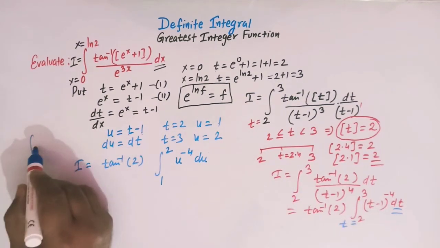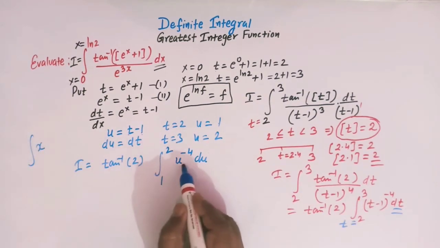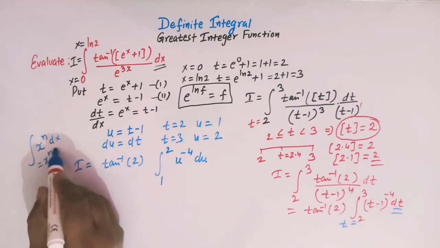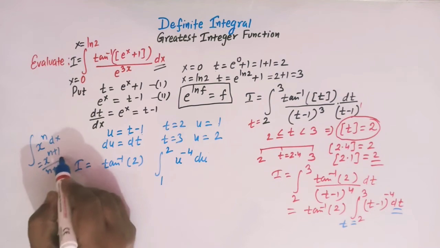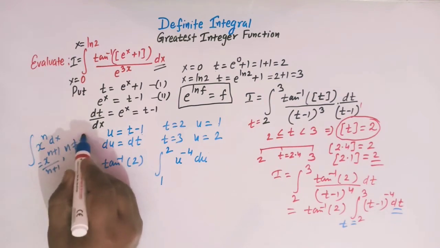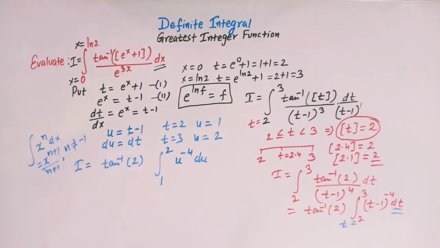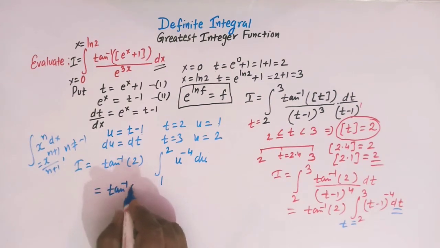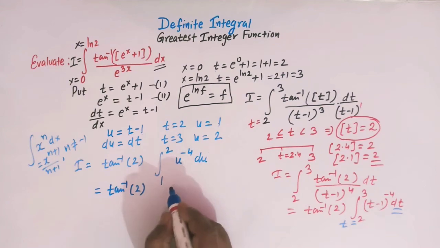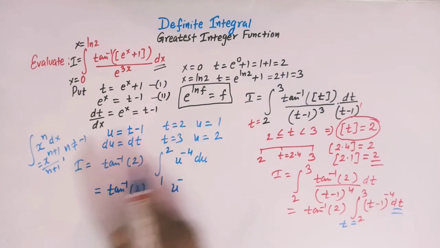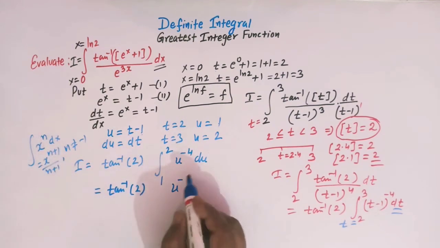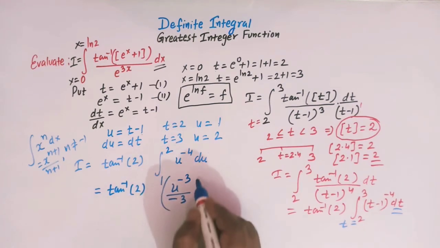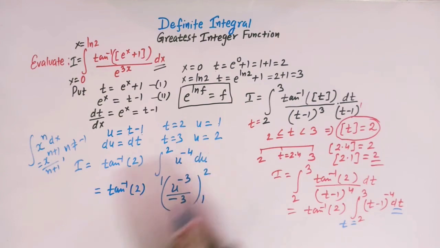Now we can apply the formula for evaluating integrals of this type, that is the integral of x raised to n dx is x raised to n plus 1 over n plus 1, where n is not equal to minus 1. So here we have tan inverse of 2 and u raised to minus 4 plus 1, that is minus 3, over minus 3, with limits of integration from 1 to 2.